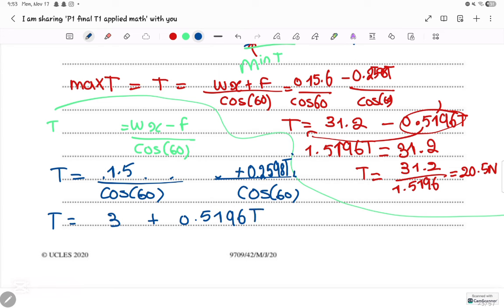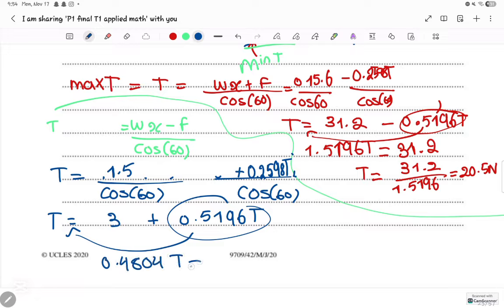So you'll move this to the other side and you will get 1 minus 0.5196, which will give me 0.4804 tension is equal to 3. So tension is equal to 3 over 0.4804, which is 6 point what?